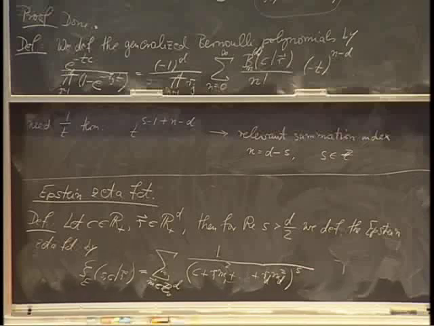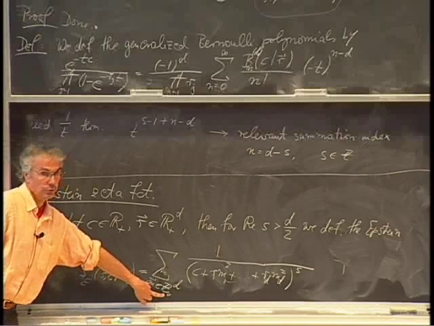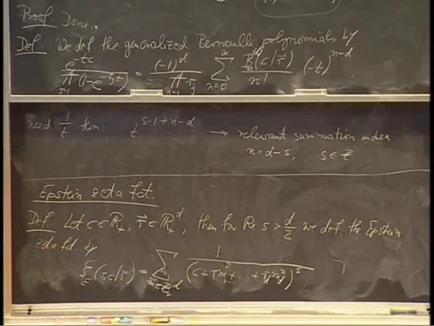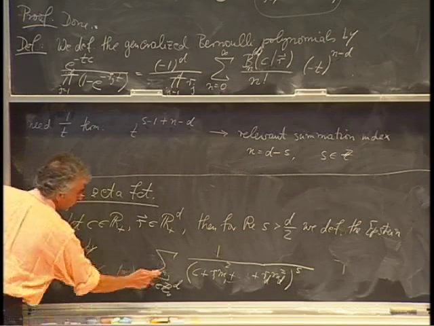And I chose to sum over all integers. There are different examples where you want to sum only from 0 to infinity instead of negative infinity to plus infinity. That changes some details, but not the general ideas.